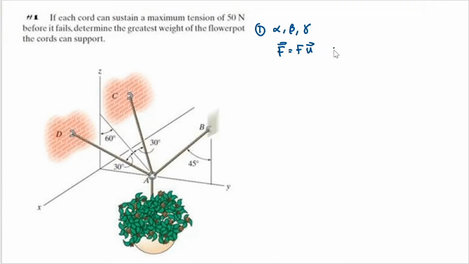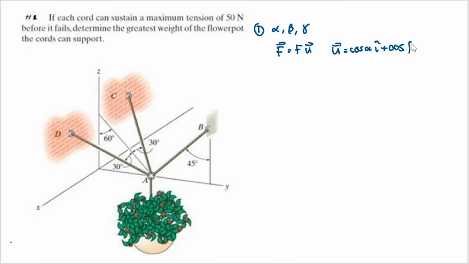Pero the formula of unit vector here is cosine alpha i hat, plus cosine beta j hat, plus cosine gamma k hat. Okay? So, you have to determine where is cos alpha, beta, and gamma in this problem. Yun yung kailangan nyo ma-practice.